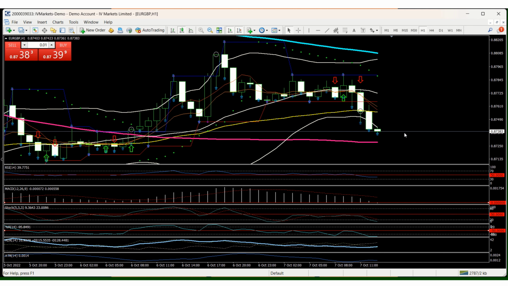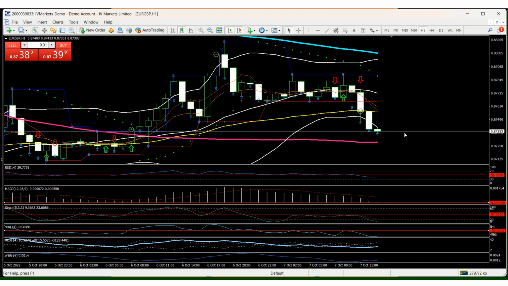So let me just calculate the number of down arrows, up arrows, and neutral arrows. I'm calculating on my technical analysis chart that I'll be making daily now. For my Euro GBP, the number of up arrows are 1, 2, 3, 4, 5, 6.